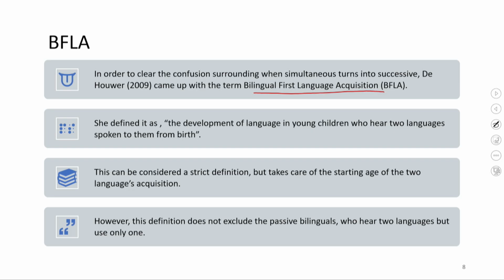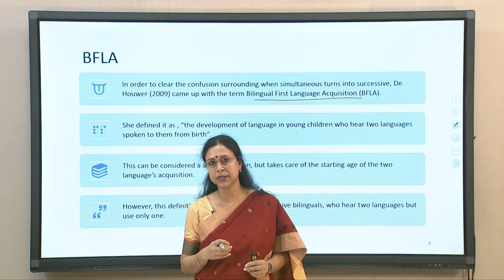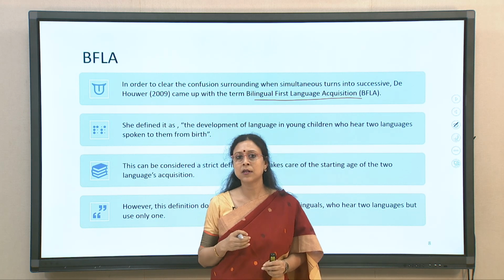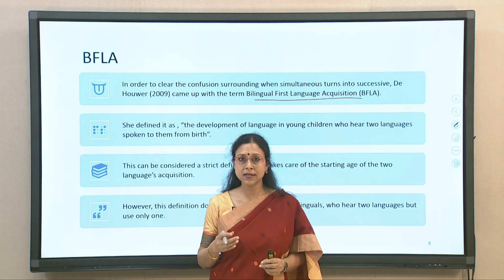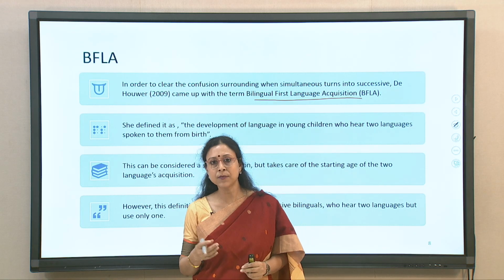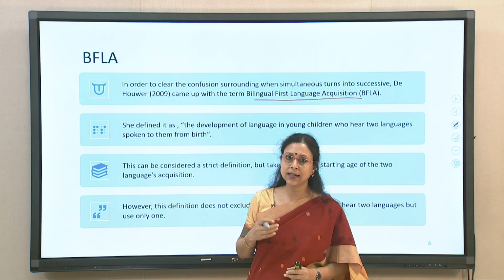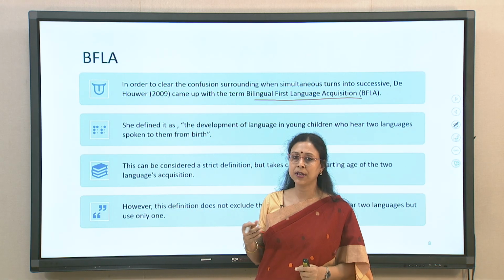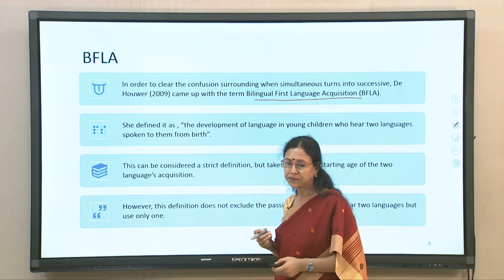Even if you are learning 2 languages, both are learned de facto as first languages, because all the other variables are exactly as the first language, but in place of one you have 2 languages. Hence, it is not a good idea to call them successive or a second language, but both are first language. Hence, the name bilingual first language acquisition, BFLA.